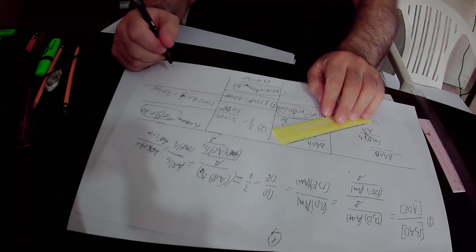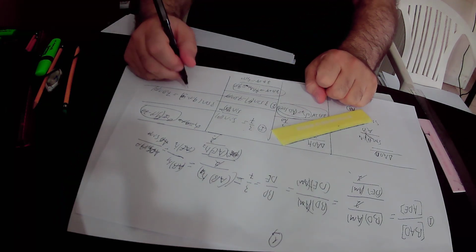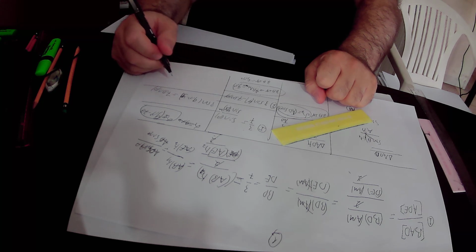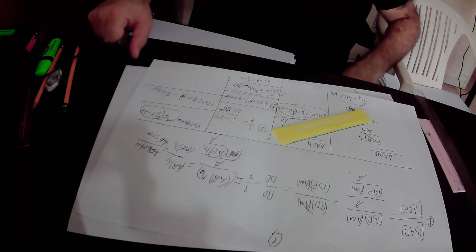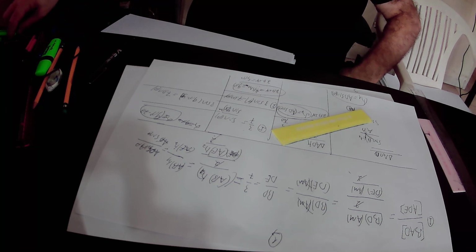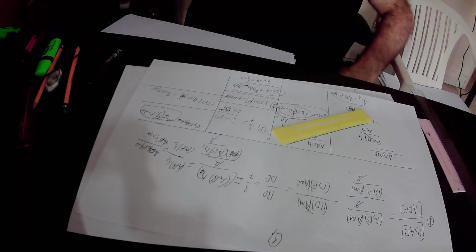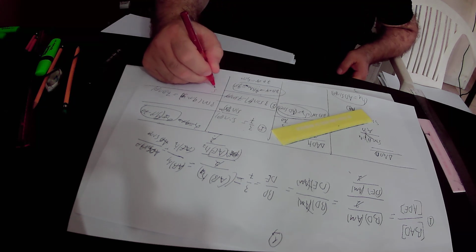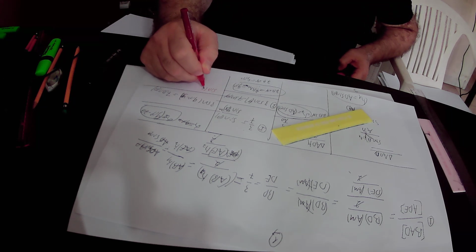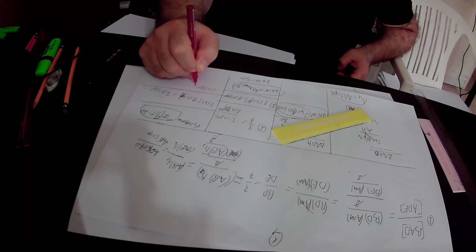So here we have the trigonometric identity that states that sinus 90 degrees minus x equals cosine x.